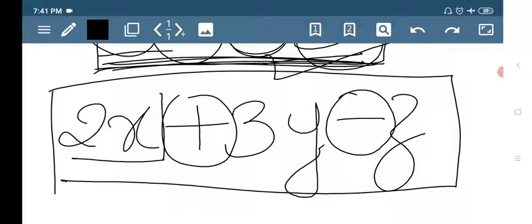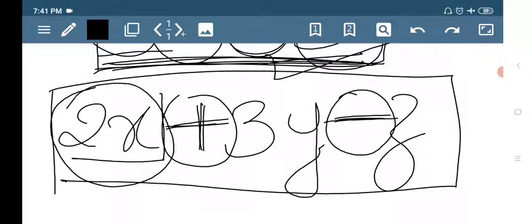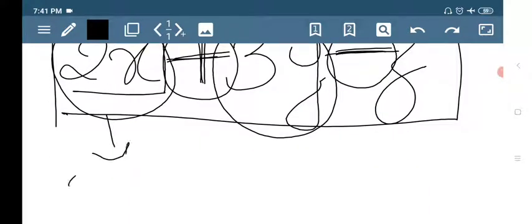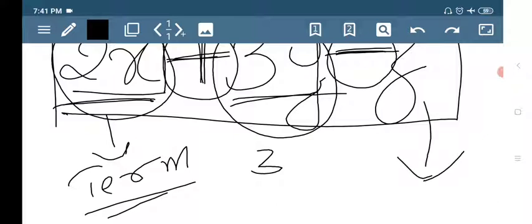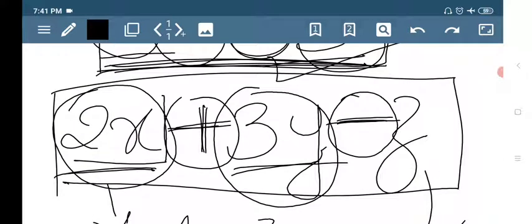That is called an algebraic expression. So, before any operators, each is called a term, T-E-R-M. Here 2x is a term, 3y is also a term and z is also a term. Got it? Okay. So, this is an expression, an algebraic expression.